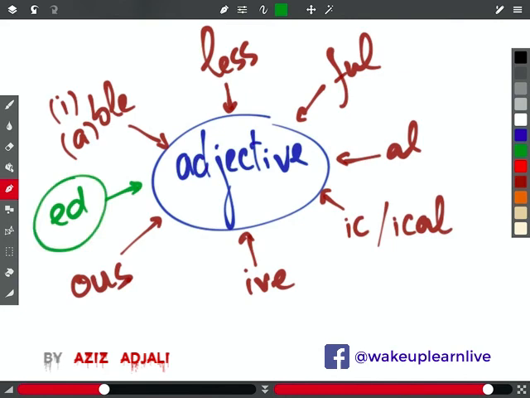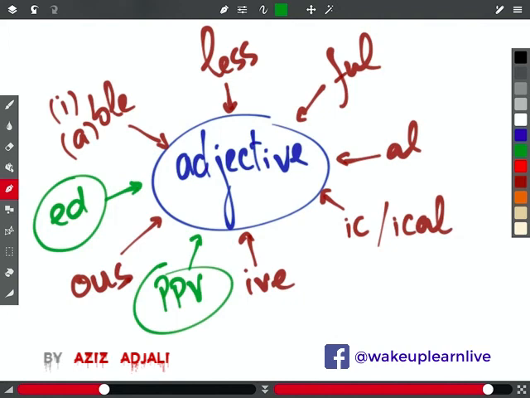So for example, created is an adjective. Okay, so normally you put creative, but if you put created, it is still considered an adjective because it represents the state of that thing. And sometimes it's the past participle of the verb. If you have a past participle of the verb, it can become an adjective. Like, for example, eaten. So eaten is considered as an adjective sometimes, depending on the context.